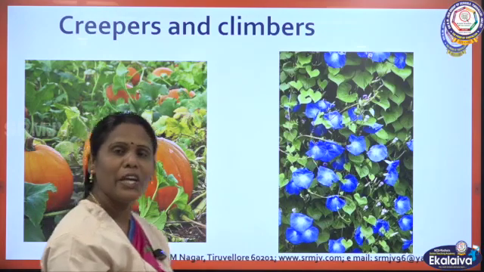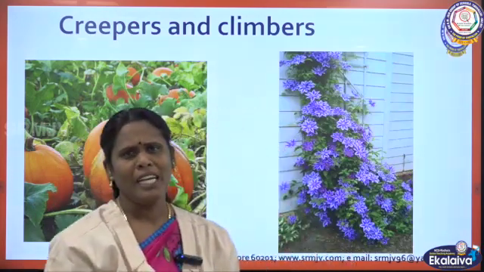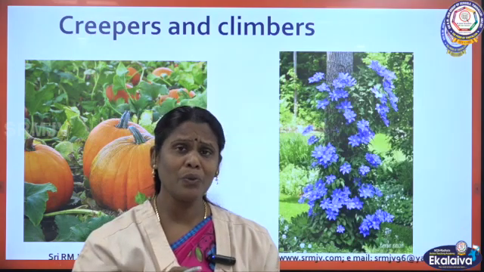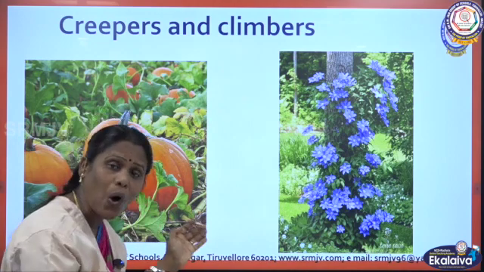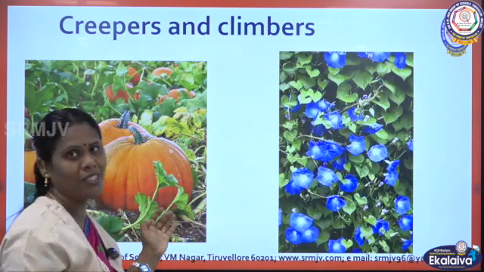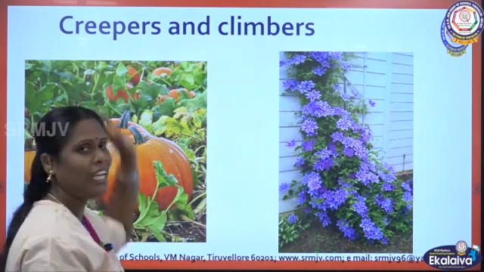Next, creepers and climbers. See, creepers cannot grow straight. They grow along the ground. Pumpkin and watermelon are examples of creepers.